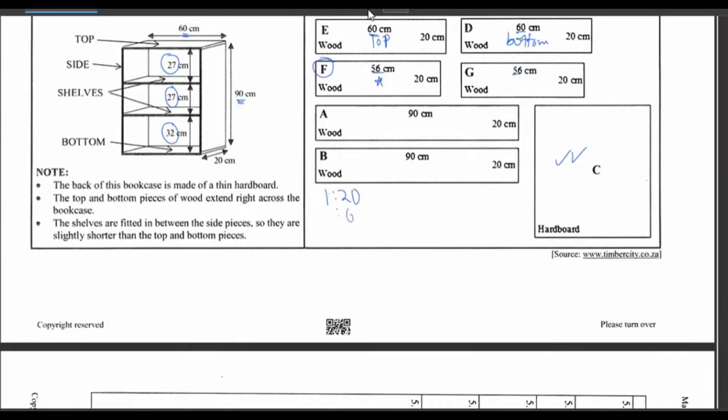So 60, what will it be? Definitely it's going to be 3. 3 what? Centimeters. Then change also the height, which is 90, and you divide it by 20, which will give you 4.5 centimeters. These are the measurements that you use to redraw this on your piece of paper there. Together? You are supposed to do that. First thing, change the units to the scale.